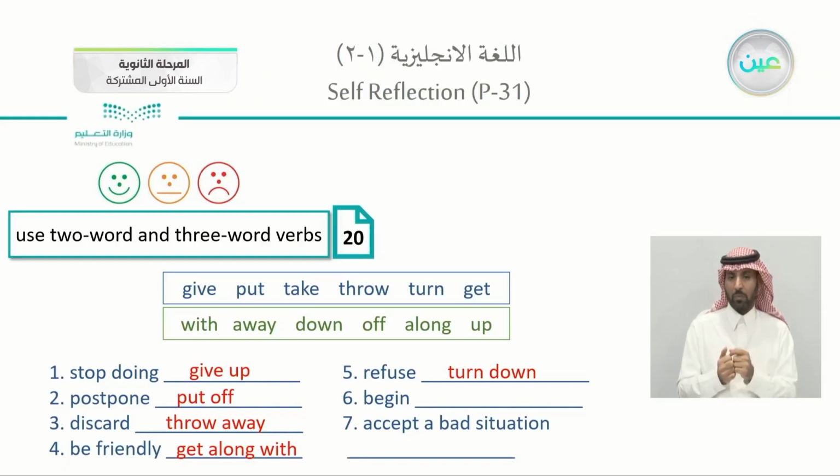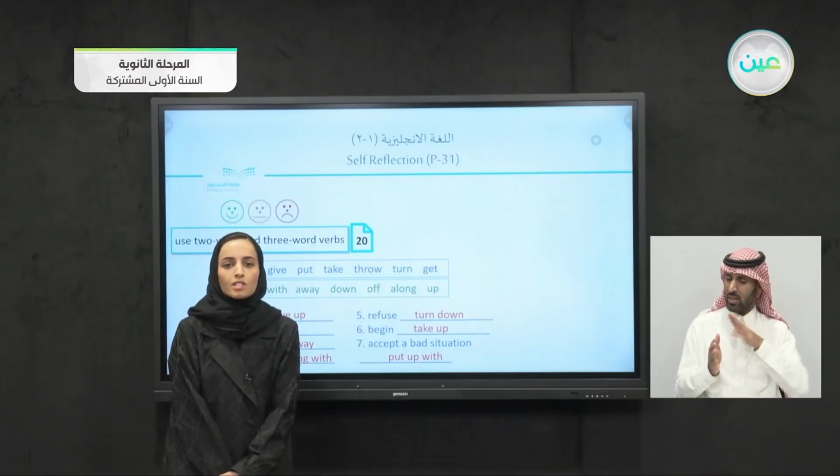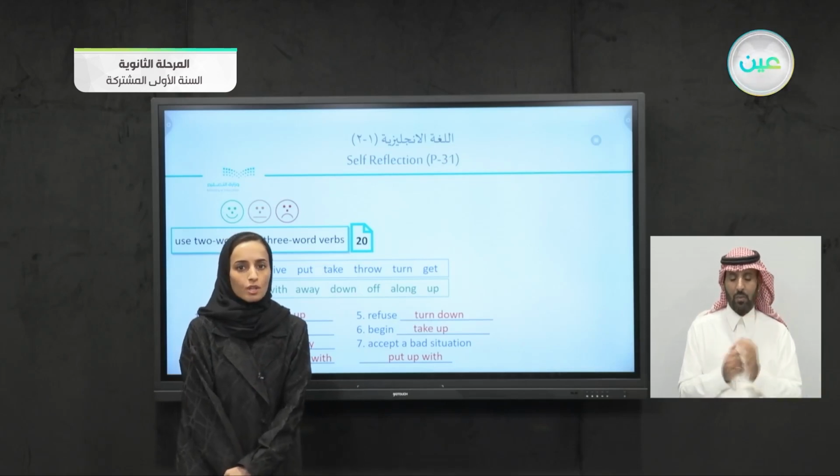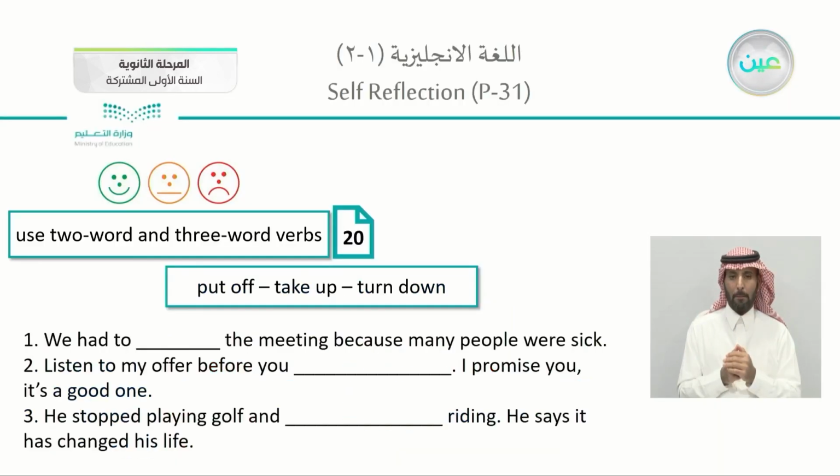To begin, start, is to take up a sport. How about accepting a bad situation? It's bad, but it's okay. I will endure it. I will say to put up with. Putting up with something is, it's not so good, but it's okay. I will manage. Okay? Let's continue in here.